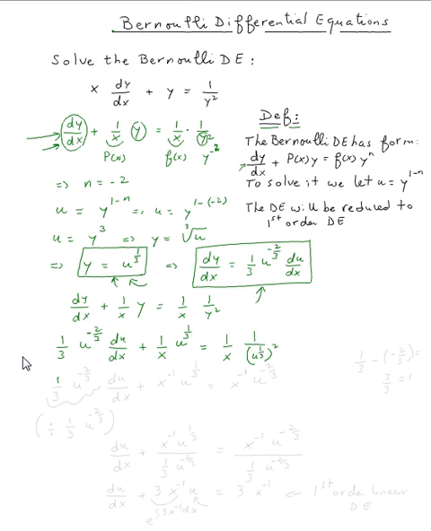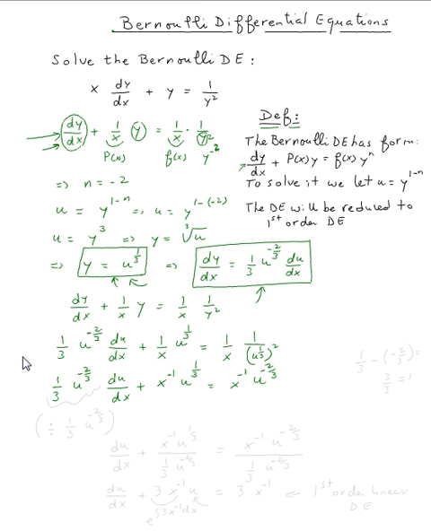So this is 1/3 u^(-2/3) du/dx plus x^(-1) u^(1/3) equals x^(-1) u^(-2/3). Remember, 1/3 squared is 2/3. You move it up, it becomes negative 2/3.